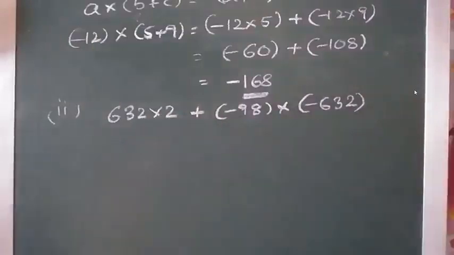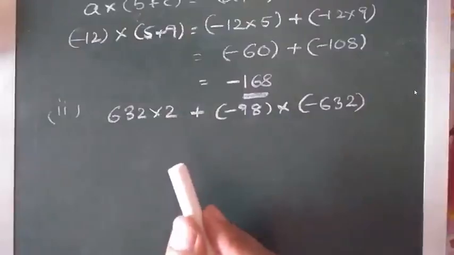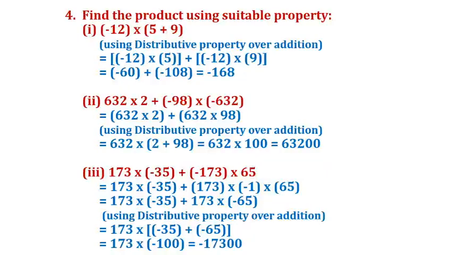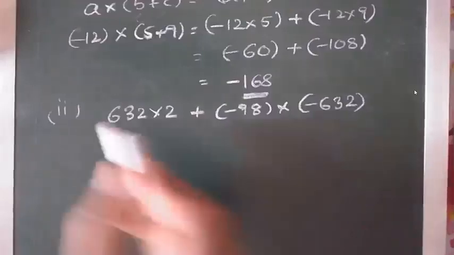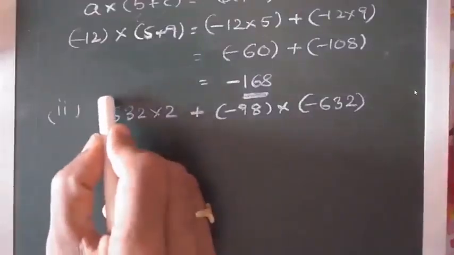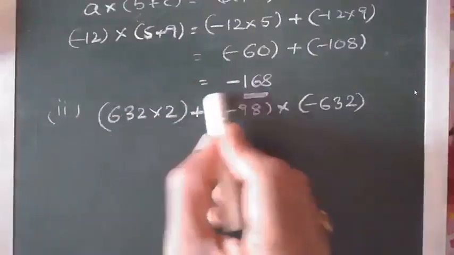This is written in the form of, observe here again, minus 632 into 2 plus 632 into 98. We can take 632 common in both the numbers. So take the first two numbers together here, and take the second numbers together here.